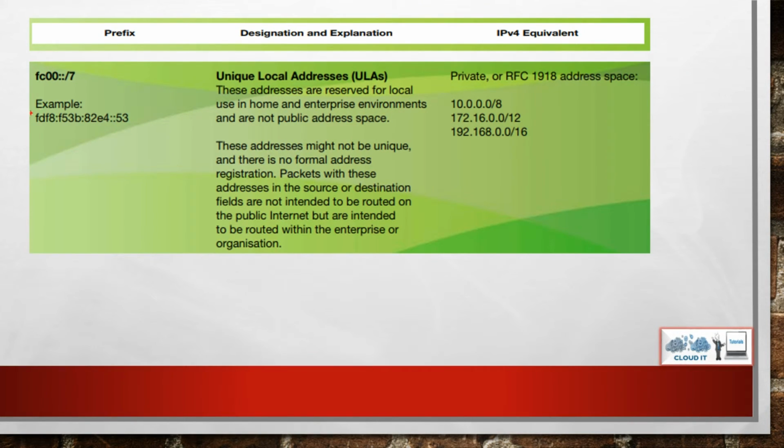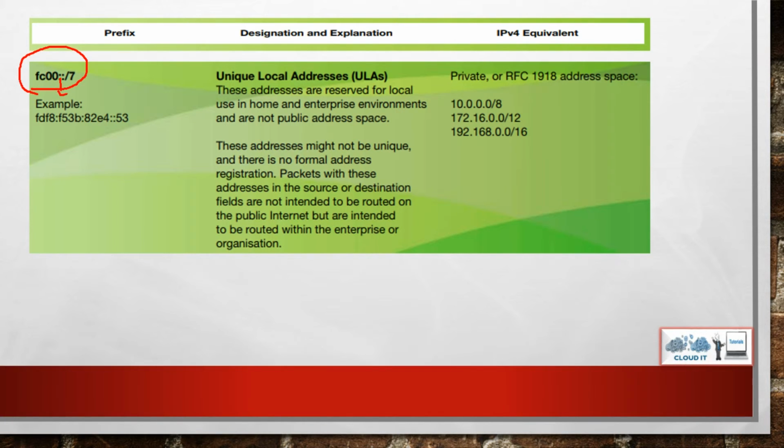Next IP is the unique local address. These addresses are reserved for local use in home and enterprise environments and are not public address space. Its equivalent is the private IP blocks in IPv4. These addresses might not be unique. In IPv6, FC00::/7 represents the IPv6 addresses for unique local addresses.